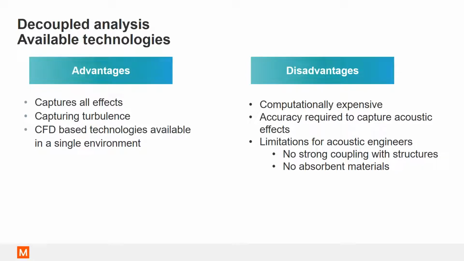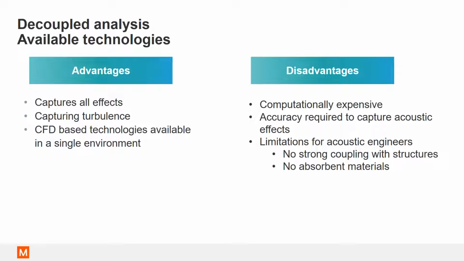You have to resolve those near surface forces, and you need high accuracy to capture the acoustic effects. As we saw, the acoustic source term in the pressure perturbation is quite minimal, so you have to capture all of that. And there are also some limitations for acoustic engineers. There isn't any strong coupling with structures, and you cannot have absorbent materials.